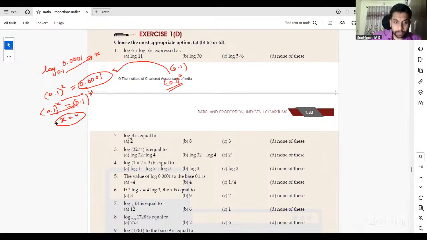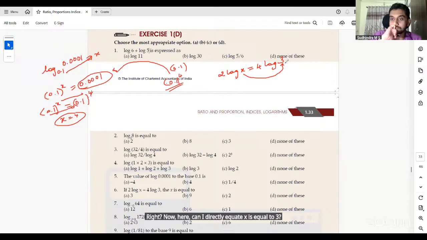So what have they given us? They have given us an equation of two logarithm values: 2 log x equals 4 log 3. This is what they have given us. Right? Now here, can I directly equate x is equal to 3?